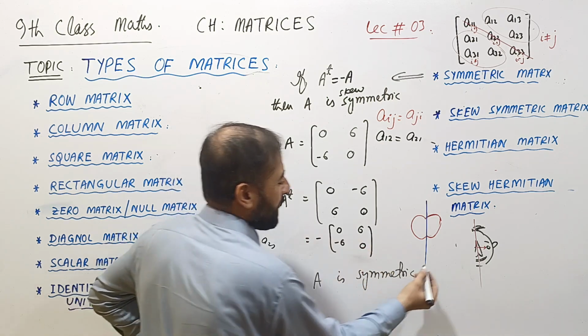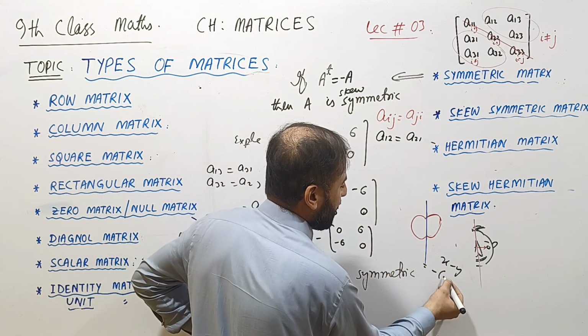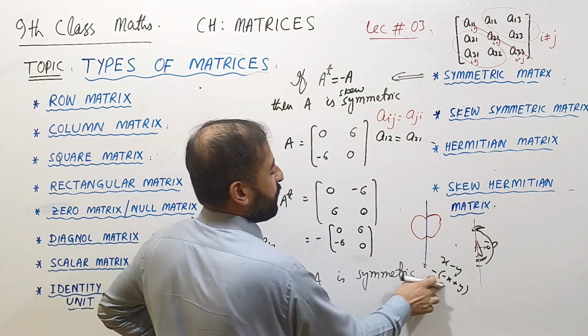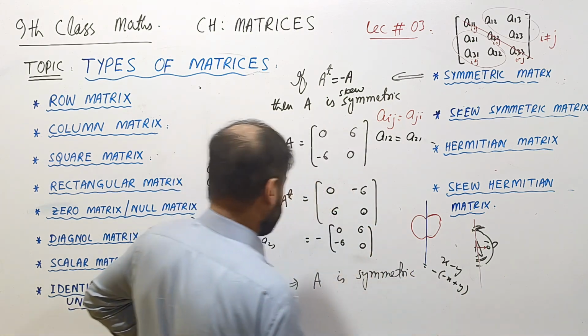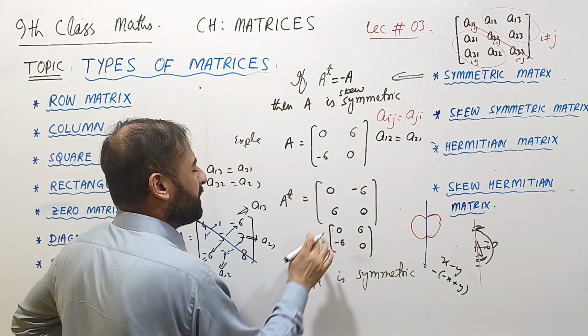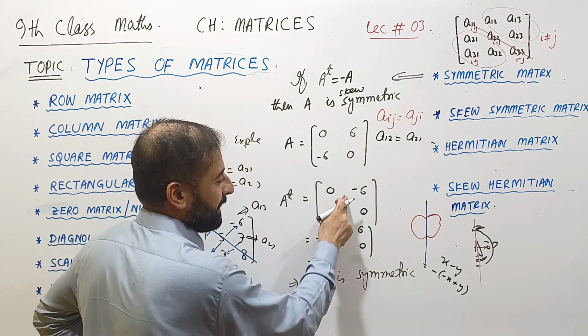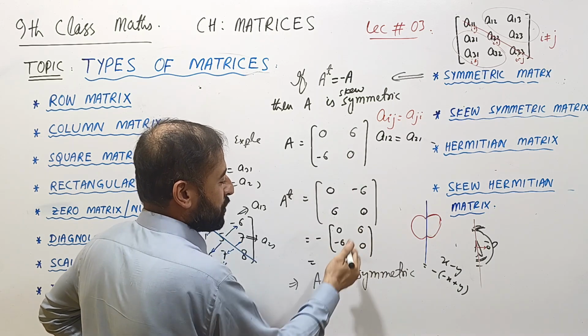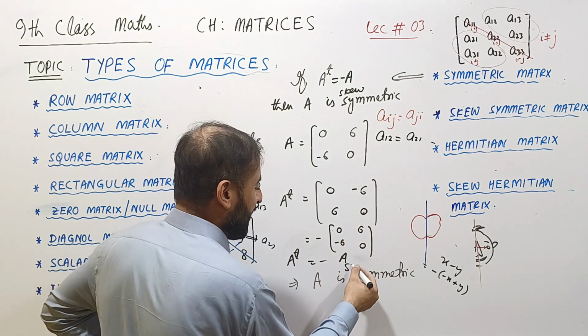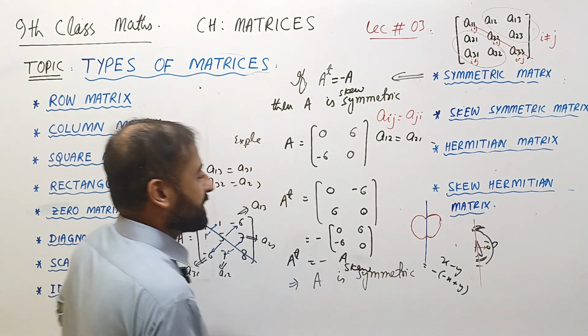Positive becomes negative and negative becomes positive because outside there is a minus. If you multiply them, plus into minus. There's no need to write minus 0; minus 0 automatically means 0. Now this is A. So you can write minus A transpose is equal to minus A. A is a skew symmetric matrix.